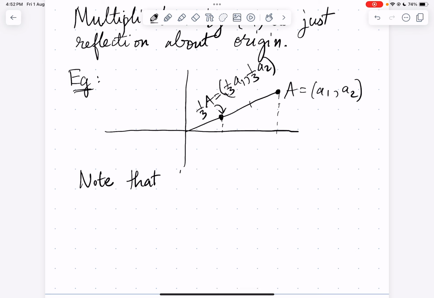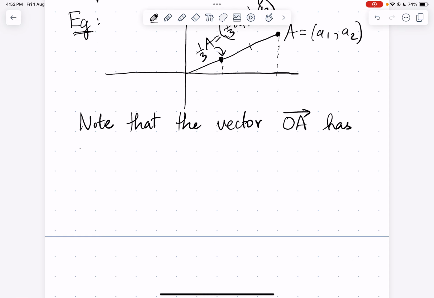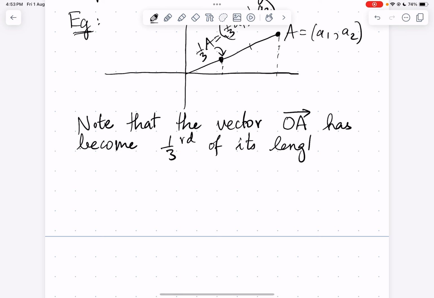Note that vectors are just directed line segments. So the vector OA has become 1/3 of its length, and the direction is preserved.